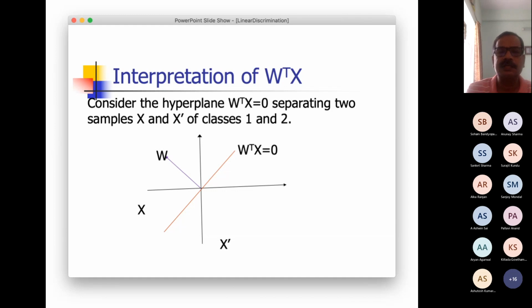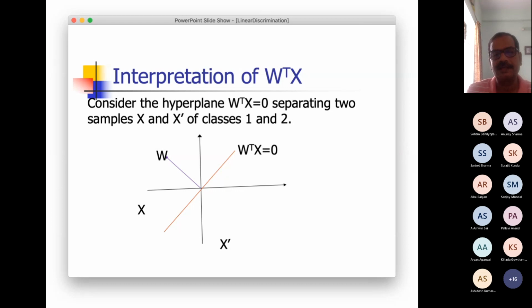The interpretation is that in the feature space you may consider a hyperplane, which can be simply written as W transpose X equals 0, which means your hyperplane goes through the origin. Of course, none of your input samples will be at the origin, because you have augmented them with an additional dimension whose value is set to 1.